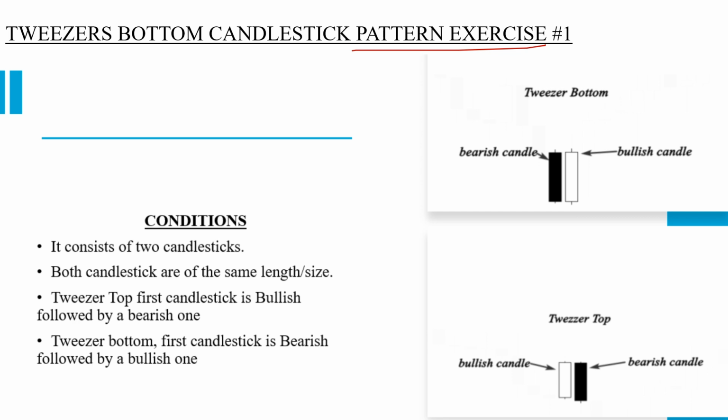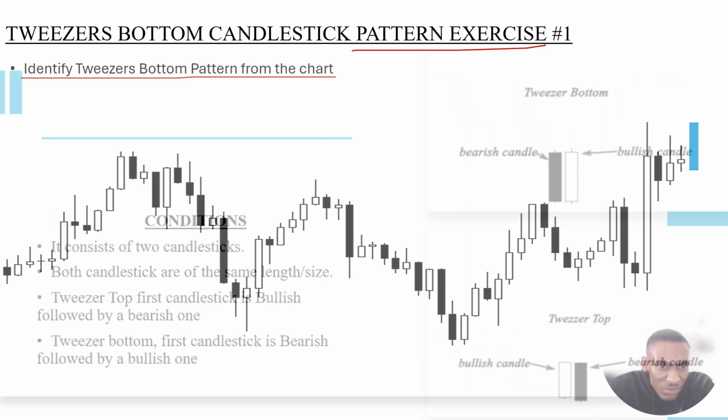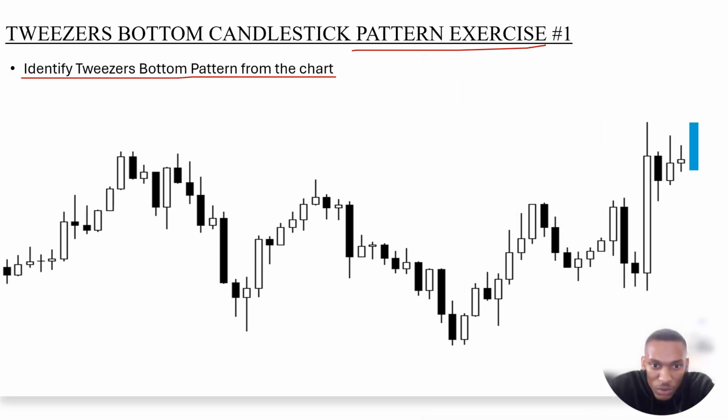Tweezer bottom, the first candlestick is bearish, followed by a bullish one. Remember? So you must know where to look, guys. The most important thing: at the top of a trend and also at the bottom of a trend. That's when you want to be looking for these patterns.